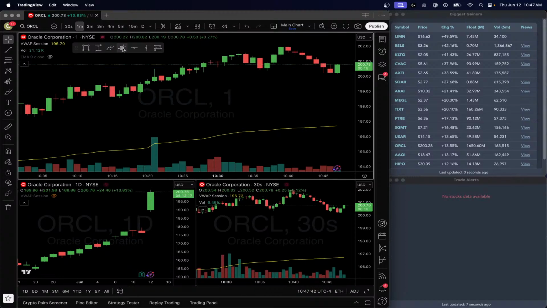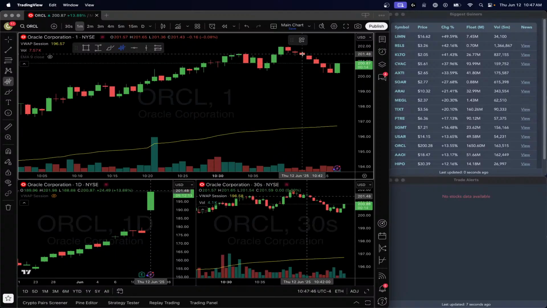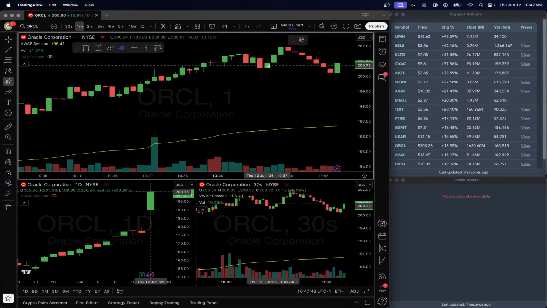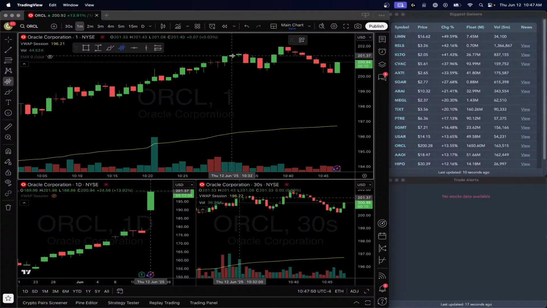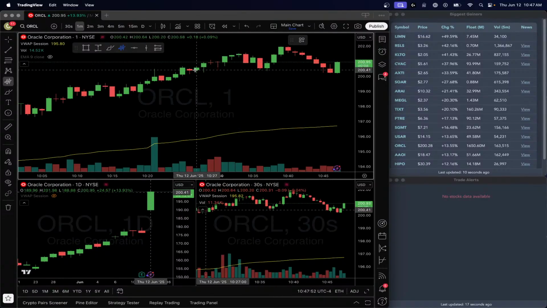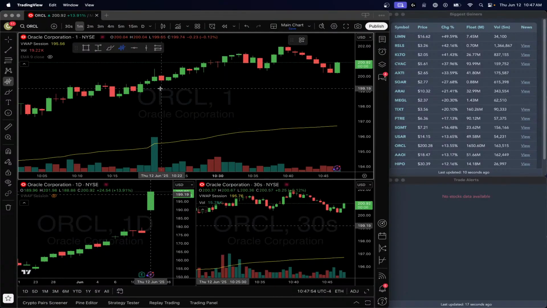Let's do the anchored VWAP, go back 20 periods, alert right there at 1042. So 1, 2, 3, 4, 5, 6, 7, 8, 9, 10. 1, 2, 3, 4, 5, 6, 7, 8, 9, 10. So it would have been right here.